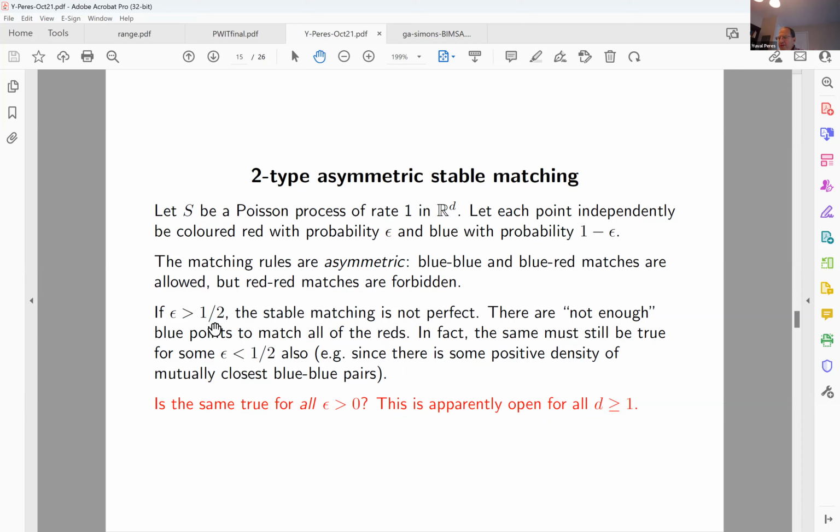So if epsilon was large, then of course there will be blue points left over. And it's easy to see that it's also true for epsilon which is less than half but close to a half, because some blue points will be matched to red points.